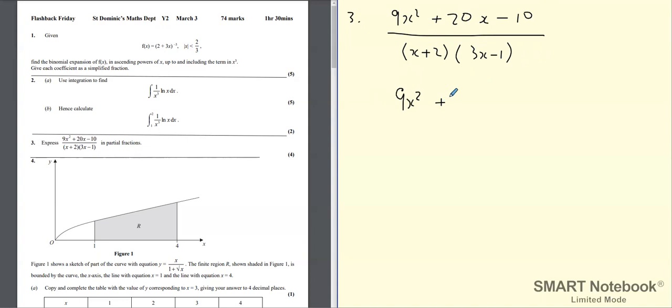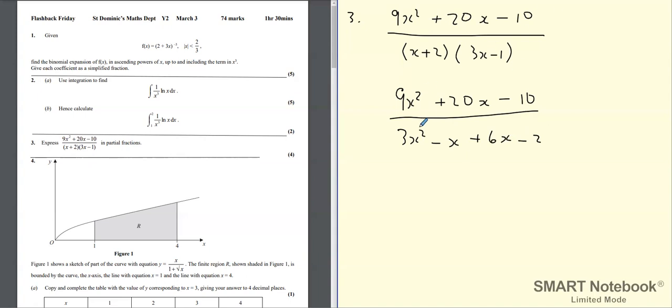To do this, although you might be able to do it much more efficiently, I'm just doing this for the purposes of making it really clear. If we expand the brackets out, 3x squared minus x plus 6x minus 2.